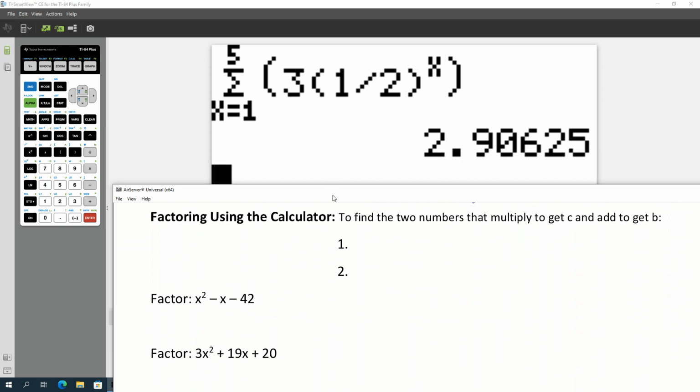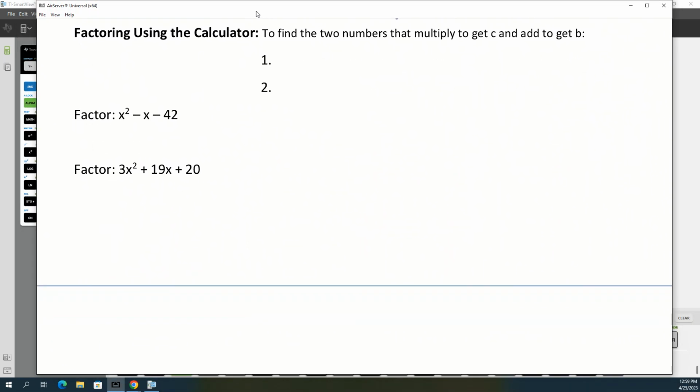Now, this factoring using the calculator, I actually thought about it because Nolan asked me if there's a way to factor using the calculator. And there is a way to get the numbers that multiply to get C and add to get B using the calculator if you want to. So what you would do is go ahead and do the slide part first if you need to. Now, the ones we're doing, one of them you don't have to do that step and the other one you do. So if there's a number in front of x squared, slide it over first.